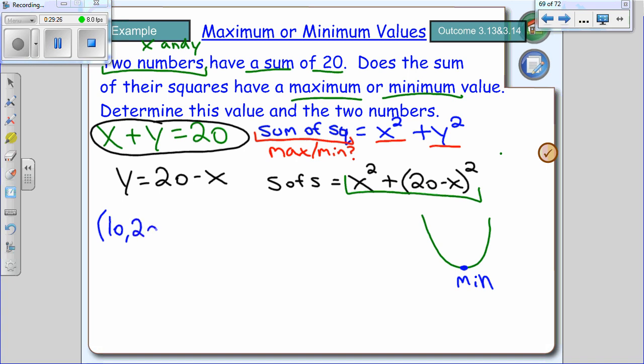That means 200 is the minimum value for the sum of their squares, and x equaling 10 is what creates that minimum sum of squares.